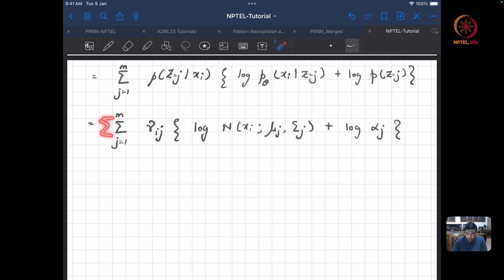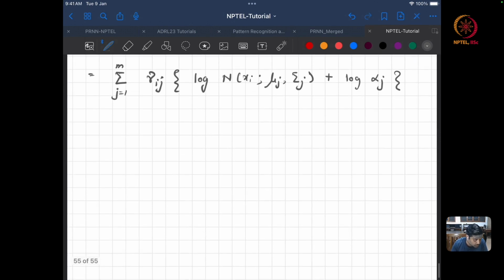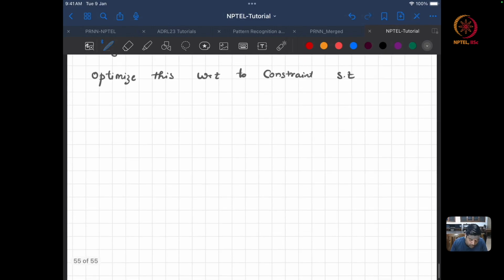There is one more summation outside, but now this has to be optimized under a constraint. Okay, this is a constrained optimization. Now optimize this with respect to the constraint.